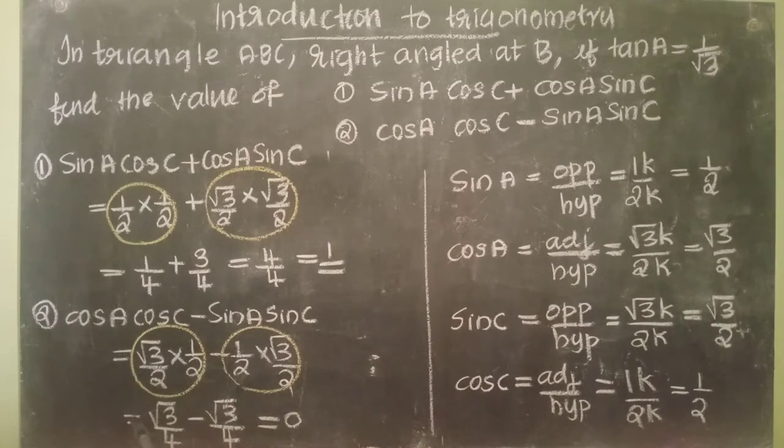So that is equal to root 3 by 4 minus root 3 by 4. That is equal to 0. Therefore, cos A cos C minus sin A sin C equal to 0.